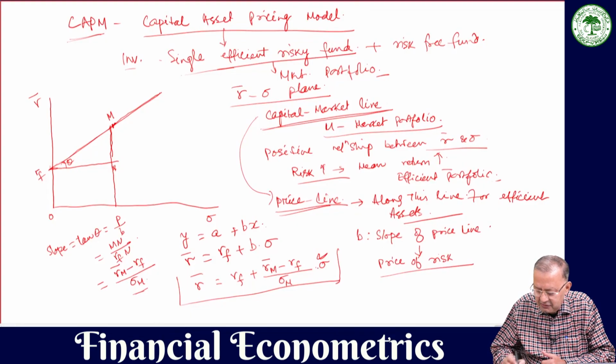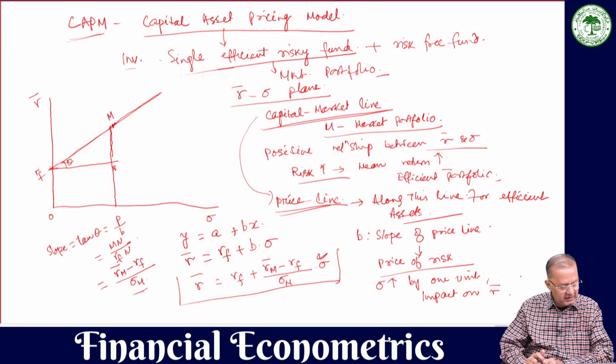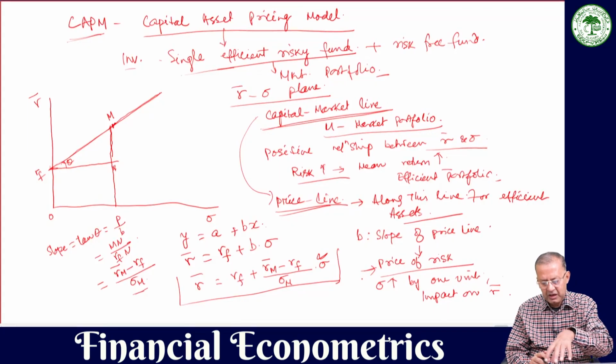So if this risk factor sigma increases by 1 unit, what will be its impact on R bar, the average rate of return of an asset? So this slope is called the price of risk. So this is all the capital market line.